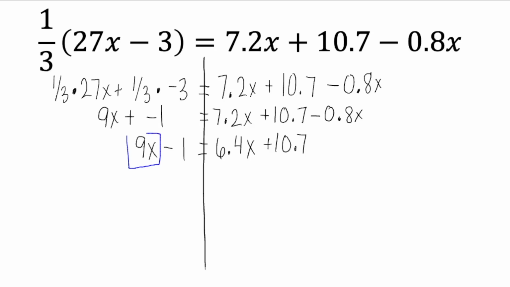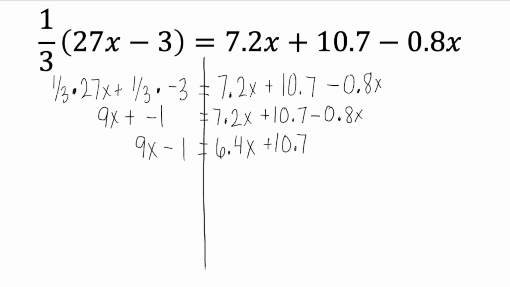9x and 6.4x are like terms. Since 9x and 6.4x are on opposite sides of the equal sign, we must perform an inverse operation. 6.4x is positive. The opposite of a positive is a negative.